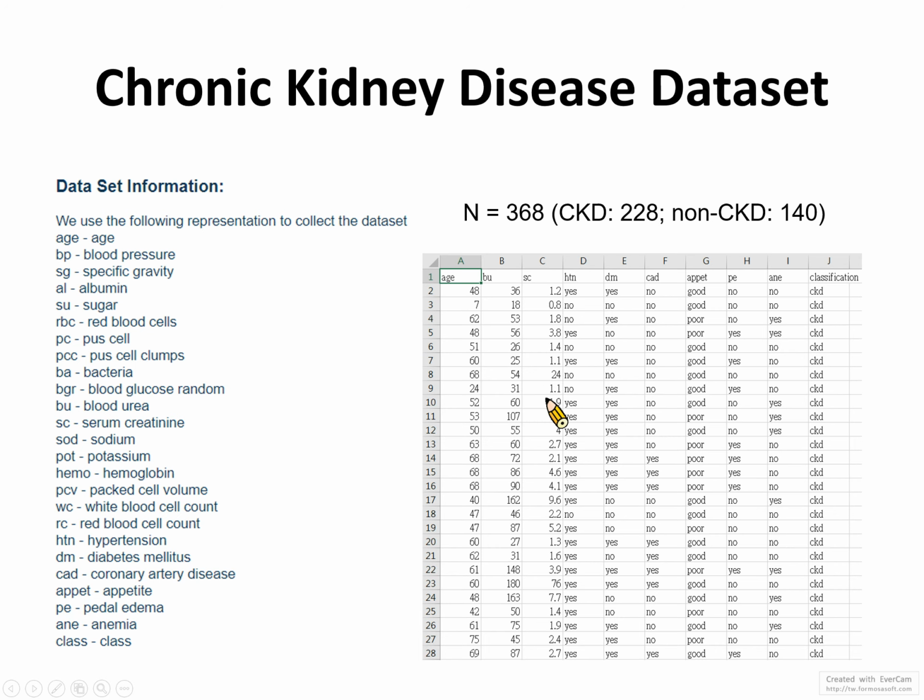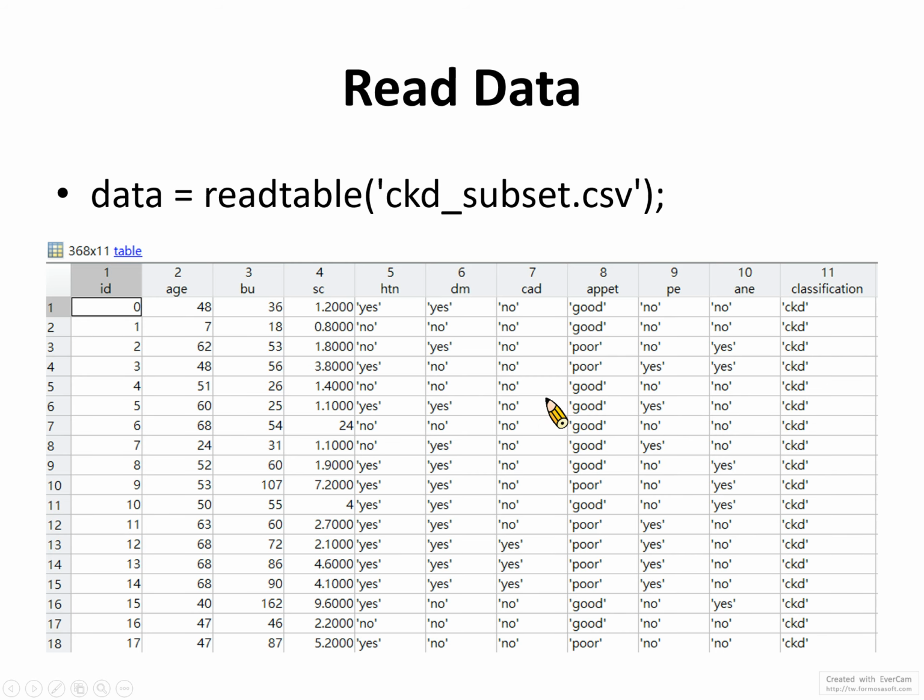Okay, so the first thing we need to do in MATLAB is to read the data into a table. In the previous lectures and workshops, I showed you that we can read the Excel or CSV file using xlsread.